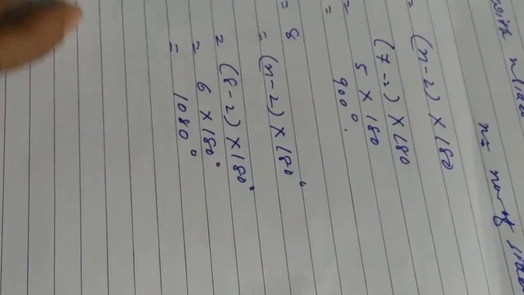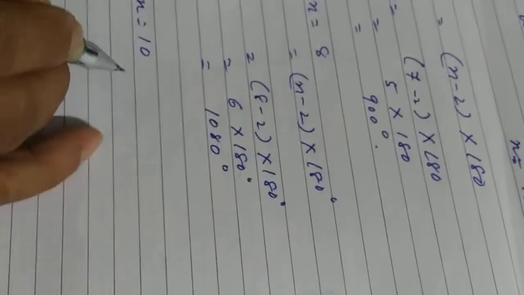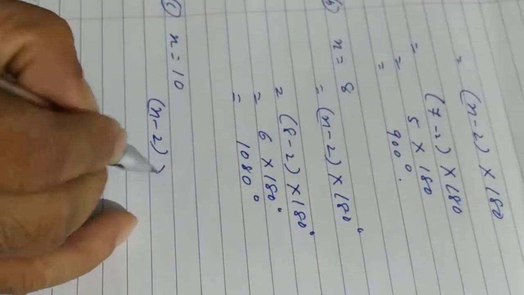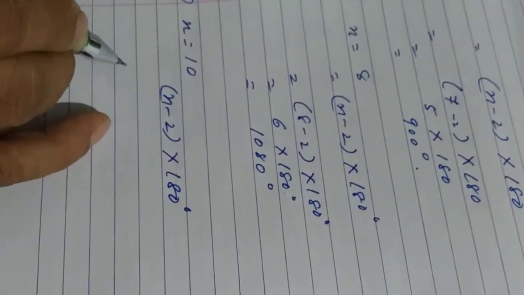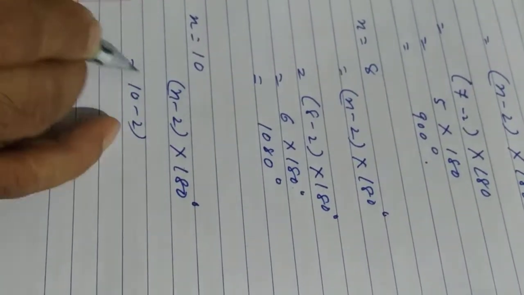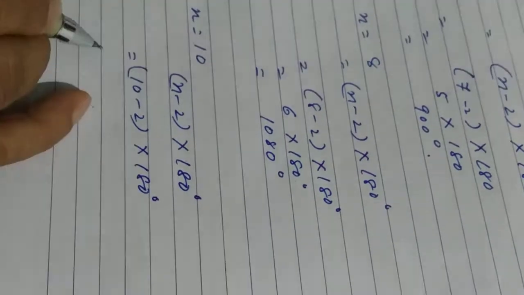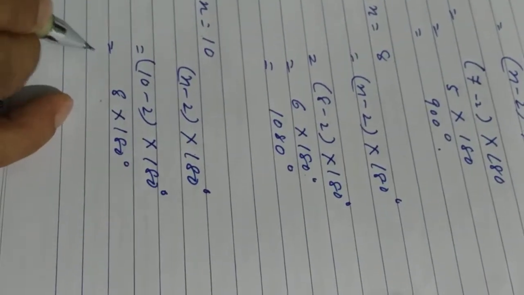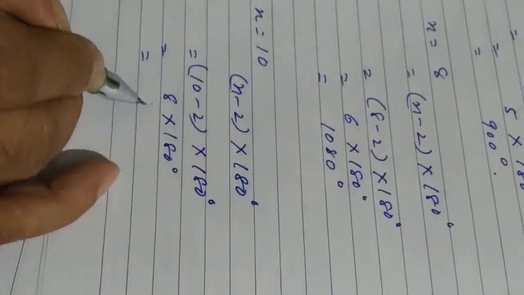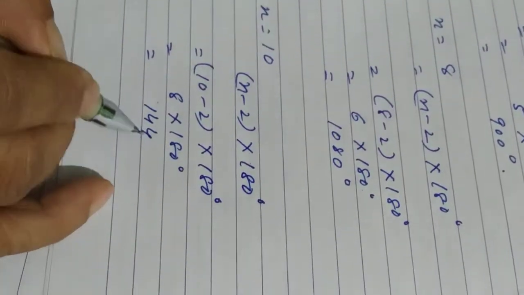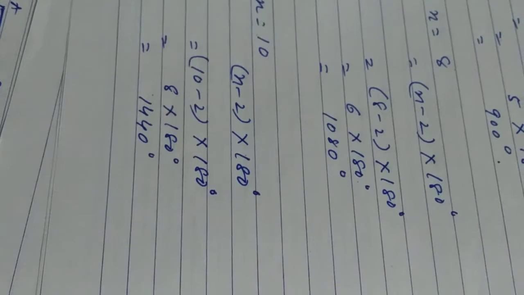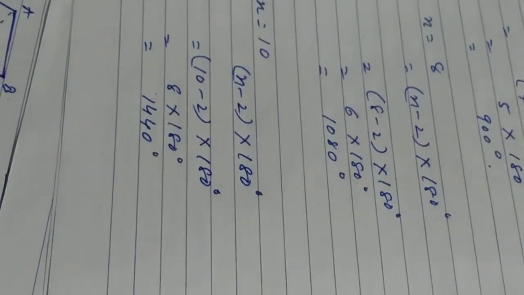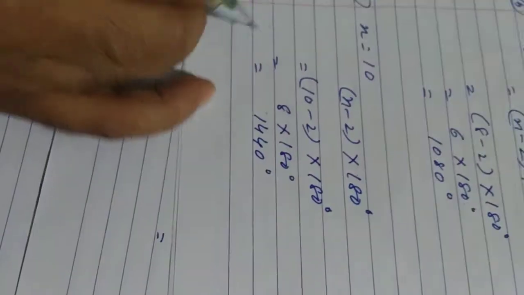Let's do one more. N is equal to 10. (10 minus 2) multiply 180, so 8 multiply 180. Now 18 8s are 144 and a 0, so 1440 degrees.